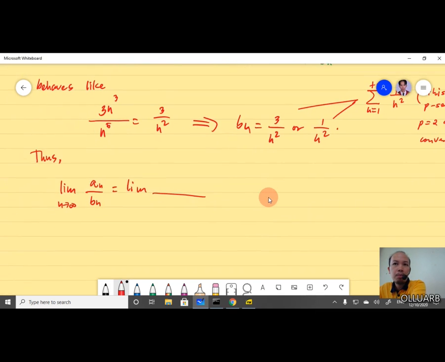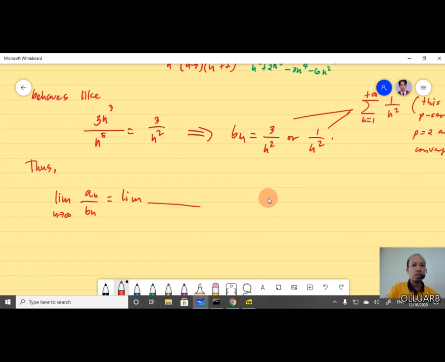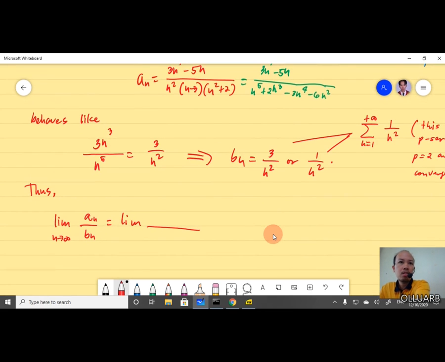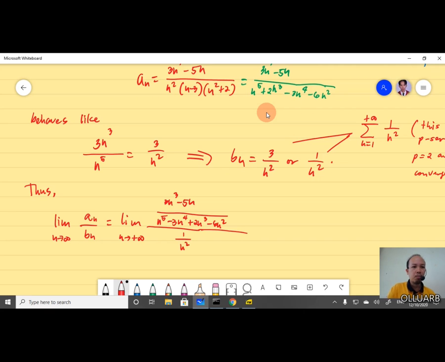So just recall your p-series. Our a sub n, as you can see here, substitute: 3n cubed minus 5n over n to the 5, arranged as 3n to the 4 plus 2n cubed minus 6n squared, over 1 over n squared, as n approaches positive infinity.